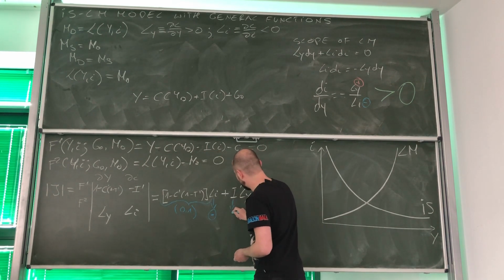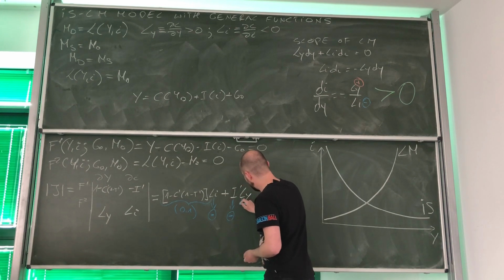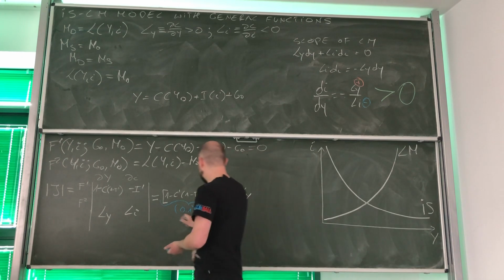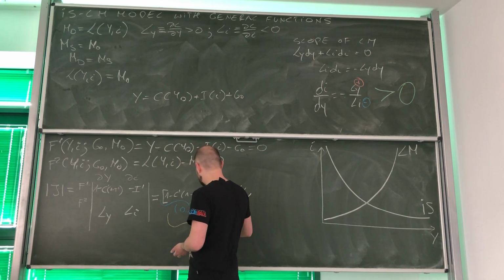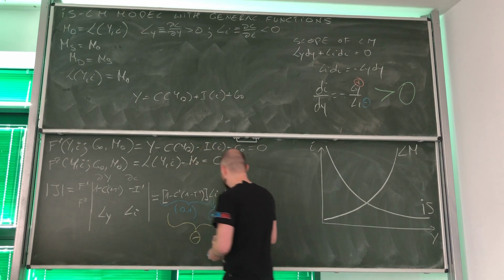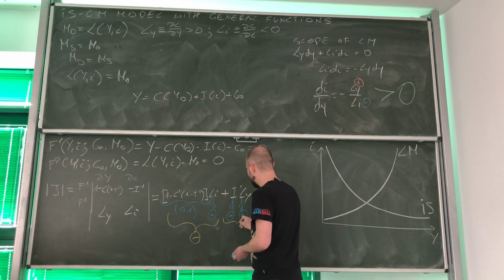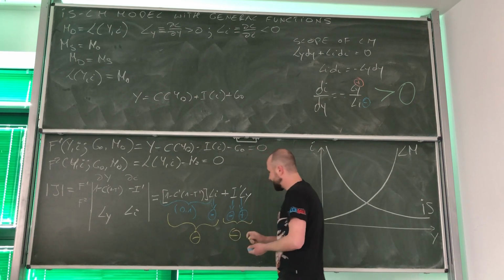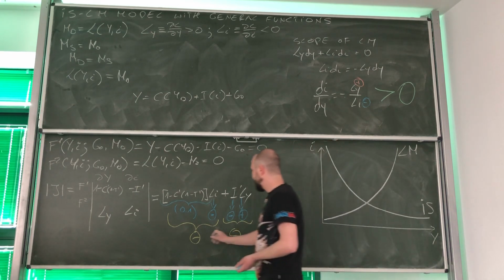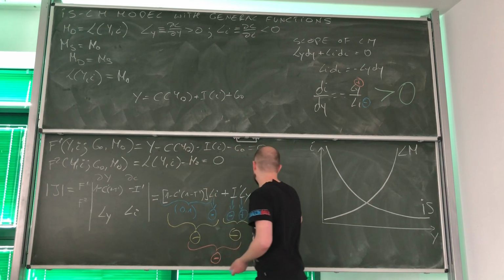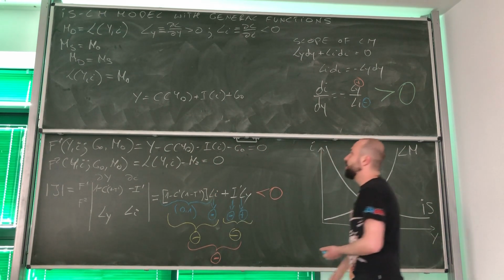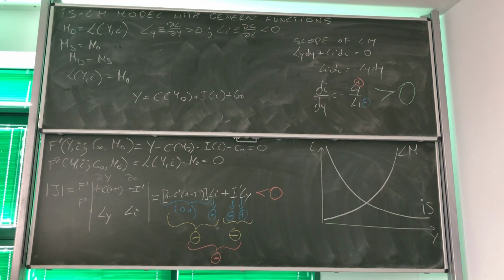We know that this one is negative, and we know that this one is positive. Alright? So those two together give us a negative expression. And to this negative expression we add another negative expression. So we can be sure that the Jacobian here is always negative.